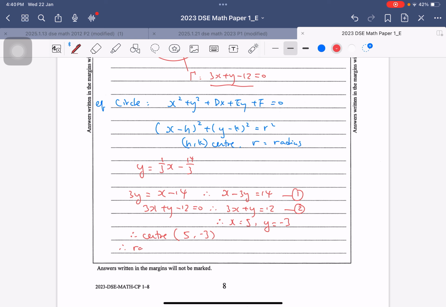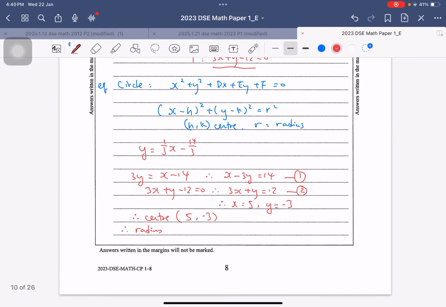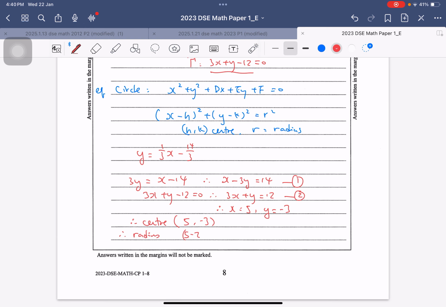The radius is the distance between the center and A. That is the square root of (5 - 2)² + (-3 - (-4))², which gives the square root of 10.